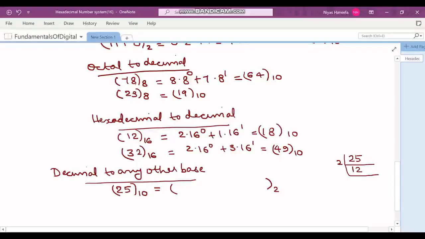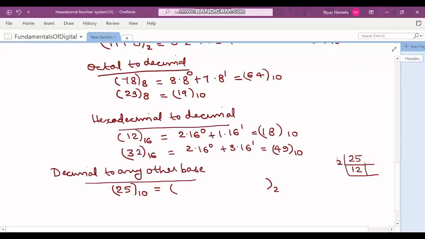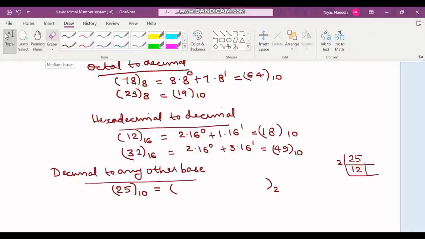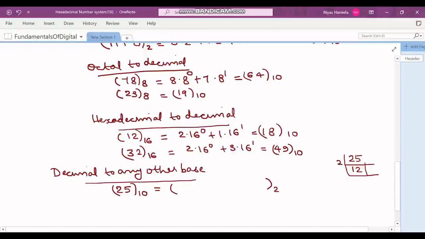12. What is the remainder? Sorry, the remainder is 1. Then again you divide by 2.